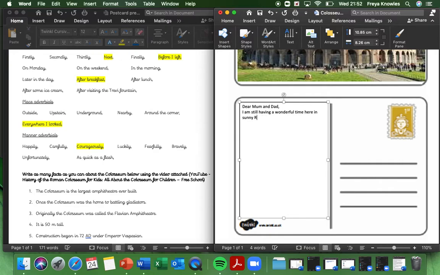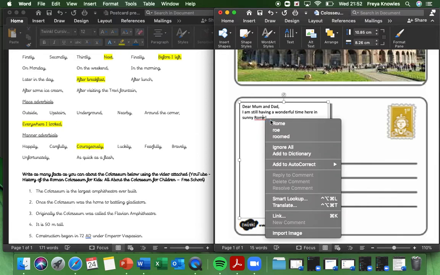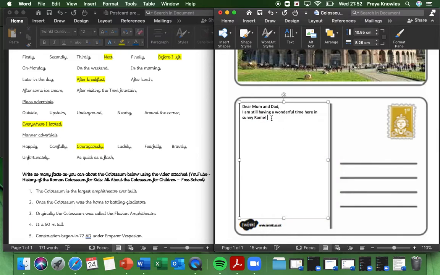And remember, Rome needs a capital letter because it is a proper noun, it is a place. Have I spelt it wrong? No, that's all good.